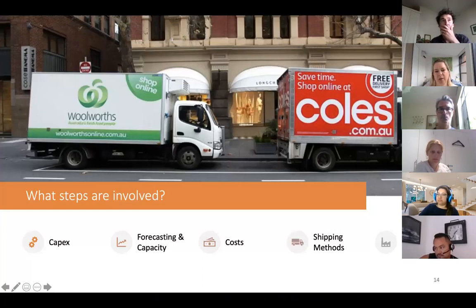So then if we go on to some of the less exciting parts of the manufacturing process, but they're still important, is we look at if there's any additional capital expenditure that needs to be made. The forecasting is something that's quite interesting and challenging. So if you think back to, again, earlier on when we talked about units per store per week, did anybody remember me talking about that?